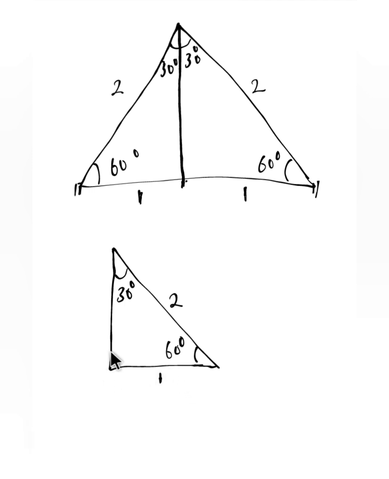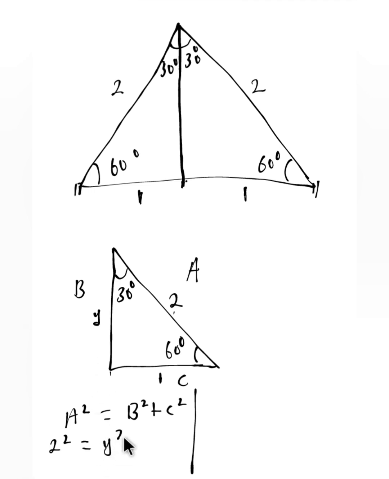We will need to find the distance from here to here, and we can do it with Pythagoras theorem. Let's assume it is y. Remember that Pythagoras theorem states that if the longest side is a and the other sides are b and c, then a squared is equal to b squared plus c squared. So if we apply this, we have that 2, which is the longest side, squared is equal to y squared plus 1 squared.